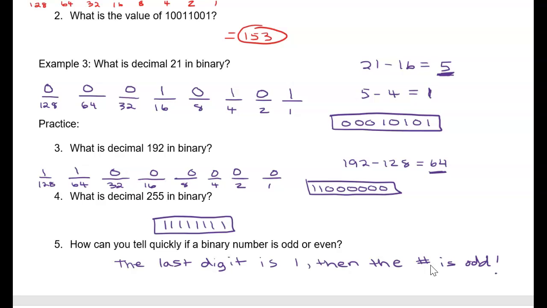Everything else is 2, 4, 8, 16, and so those values will never, ever be odd. And so that's a really quick way to check whether a binary number is even or odd. We're going to talk a little bit more about binary numbers and how binary values relate to pixel values and colors, and so we're going to do that for next class.